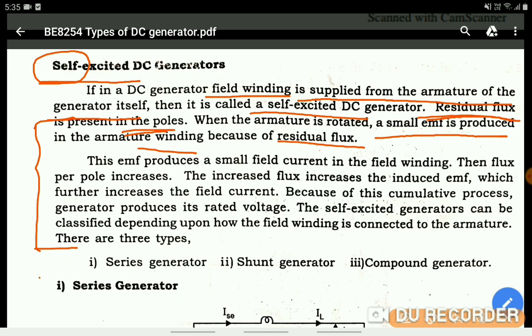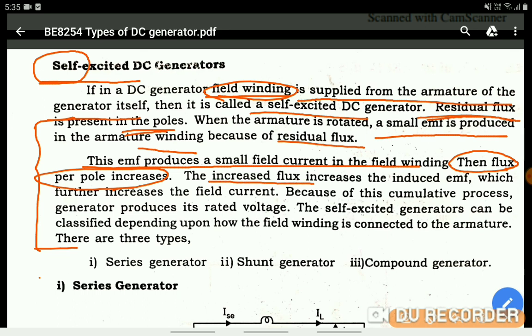This EMF is supplied to the field winding to energize it. This EMF produces a small field current in the field winding. Then the flux per pole increases.